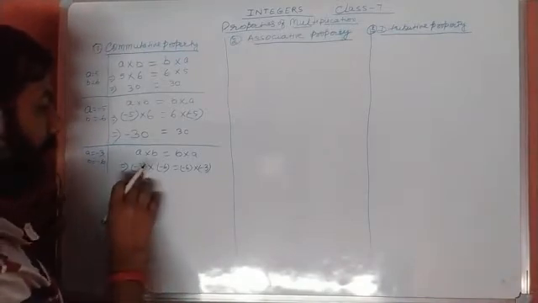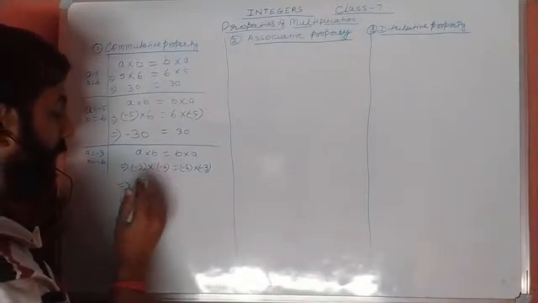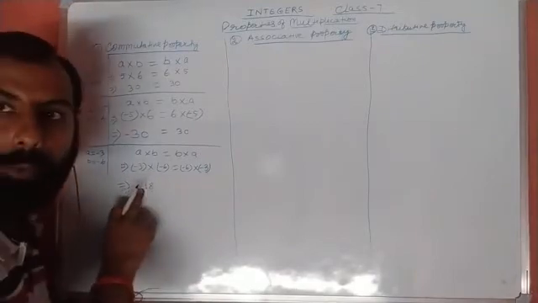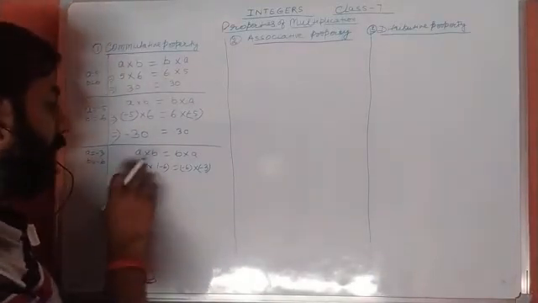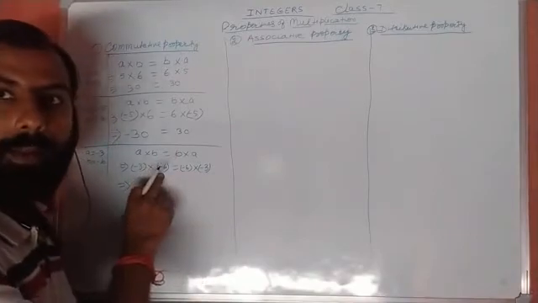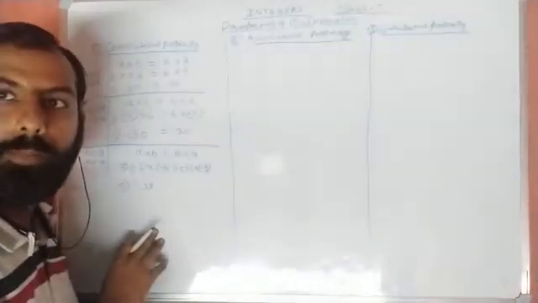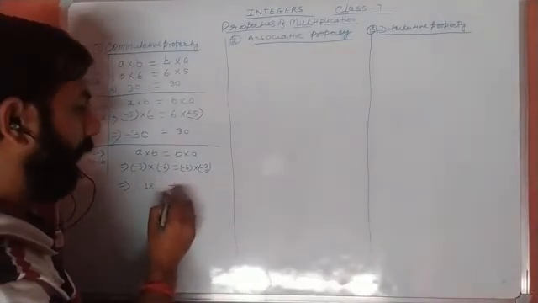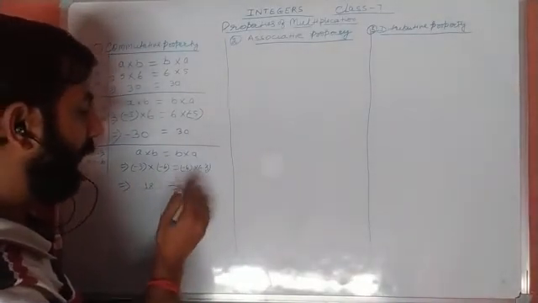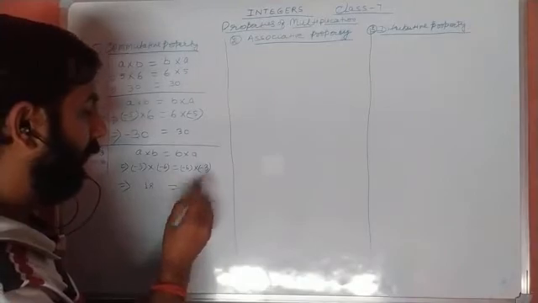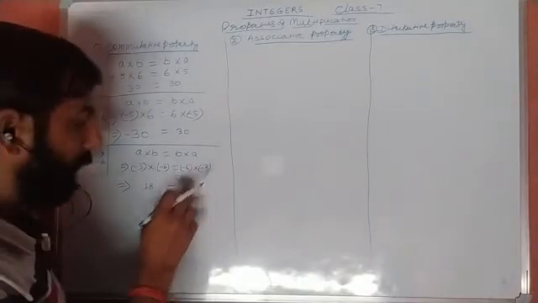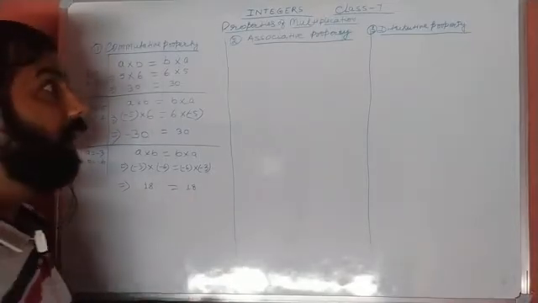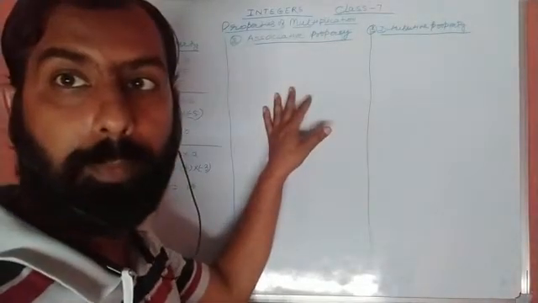How do we solve? 3 6s are 18. Now which sign will we put? Minus minus equals plus. So here will be plus 18. Here also 6 3s are 18, minus minus plus, so it will be plus 18. Clear?